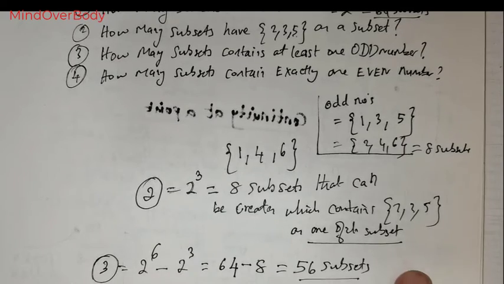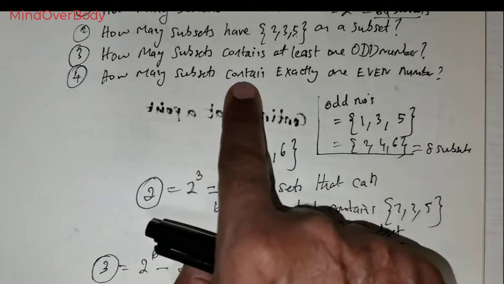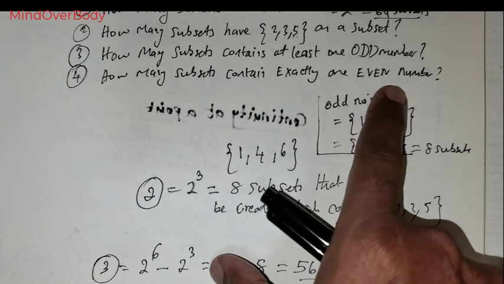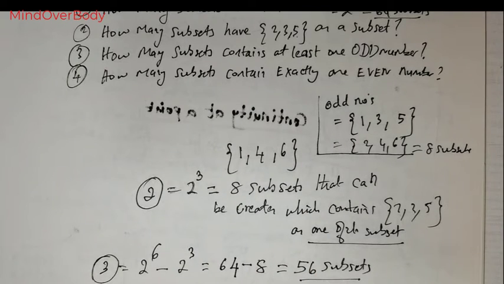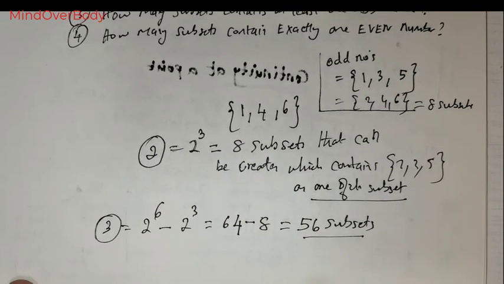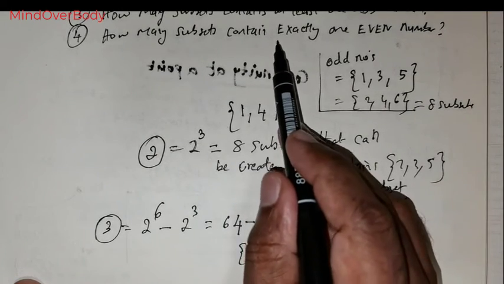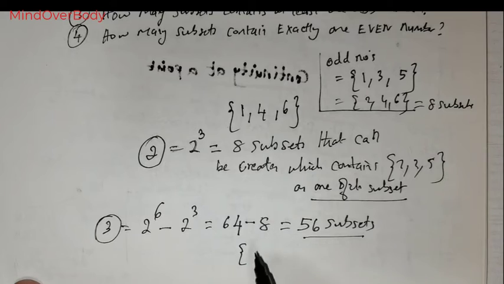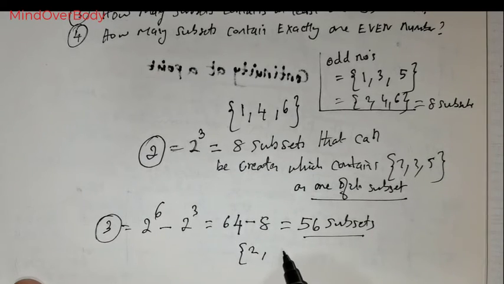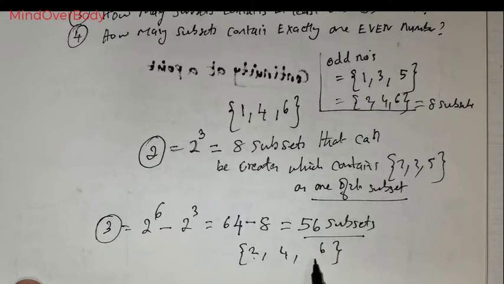Now question number 4. How many subsets contain exactly one even number? So the requirement is exactly one even number. You have 2, 4 and 6.